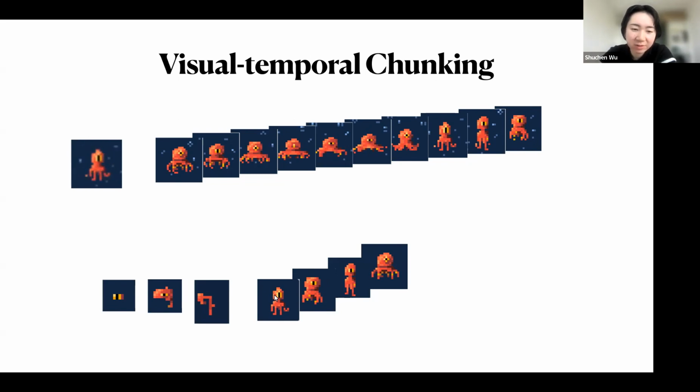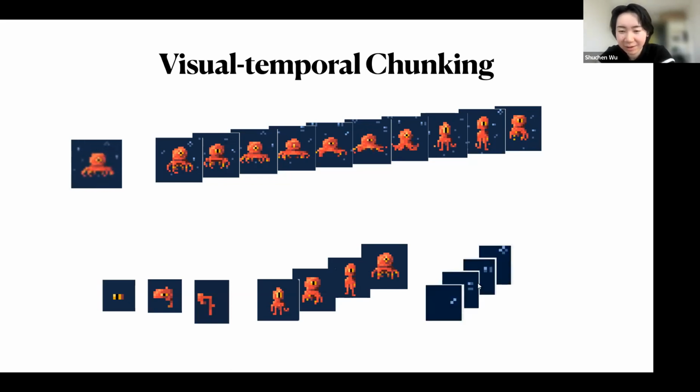And if you have noticed, the squid is separated from the background, and the background, for example a rising bubble, is grouped together as a chunk, separated from the jumping squid. I thought that part was quite interesting.